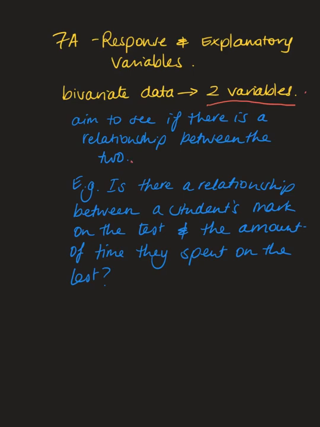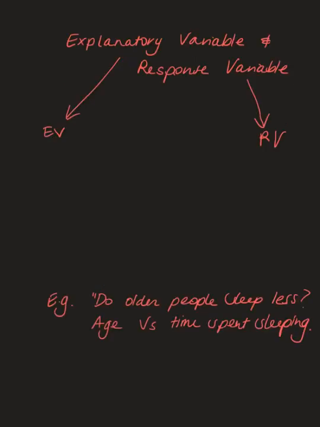So for example, I could ask, is there a relationship between a student's mark on a test and the amount of time they spend on the test? Something like that. If I go to the next page, we want to identify, if we have two variables, one of them as the explanatory variable and the other as the response variable.